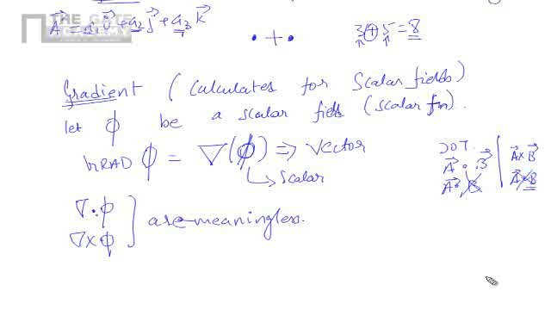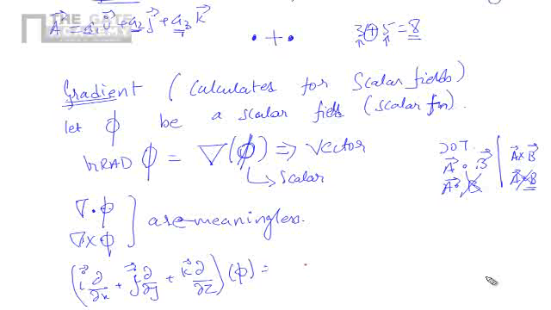Similarly, del is a vector, so del dot phi and del cross phi are meaningless. Only you can do del phi. Clear? Del phi means what? That is, del is nothing but i dou by dou x plus j dou by dou y plus k dou by dou z of phi.